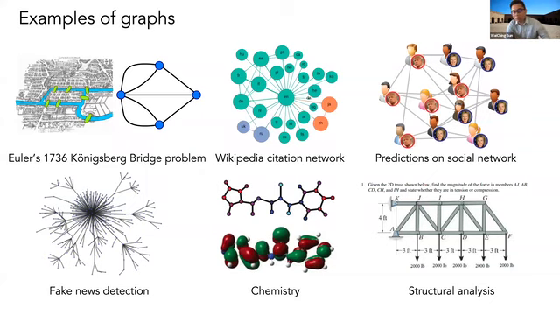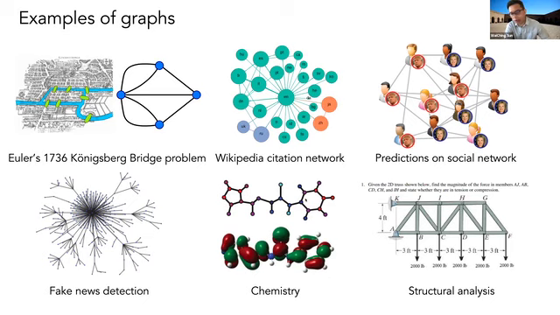Social networks are another very common type of graph that have a huge impact on how we make predictions. Shown here is one example where the graph can be used to predict the political choice of individuals using Facebook data. It can also be used to detect fake news.